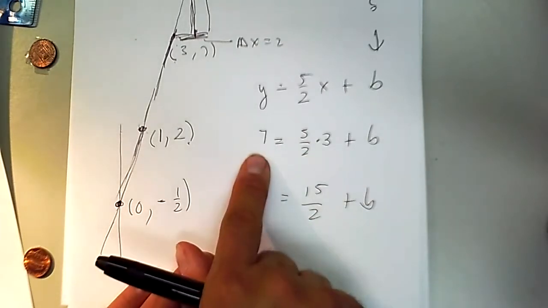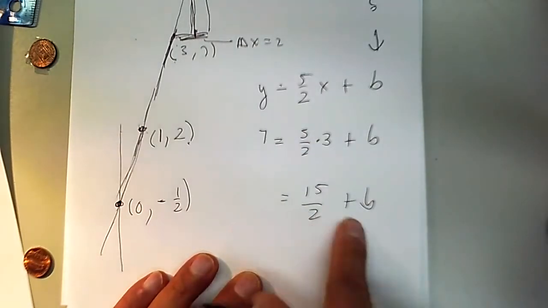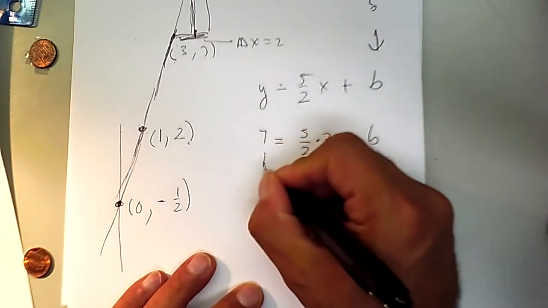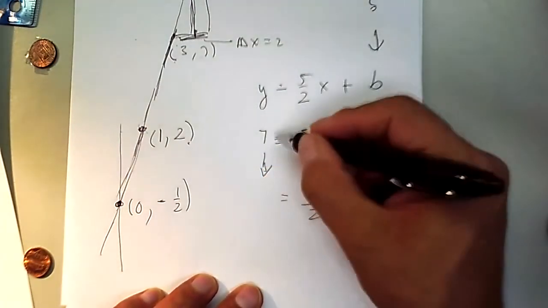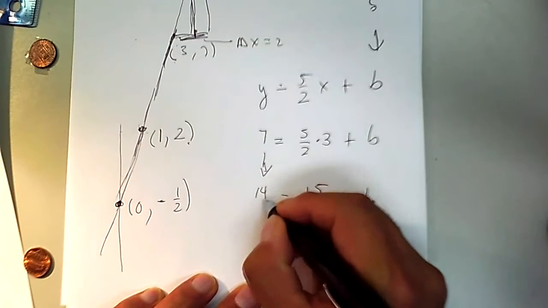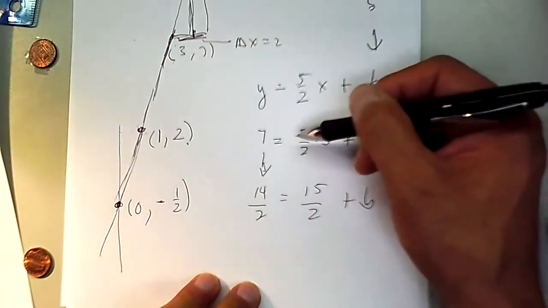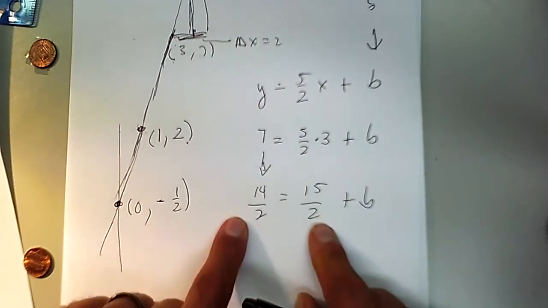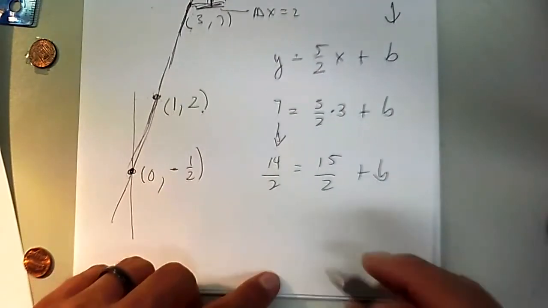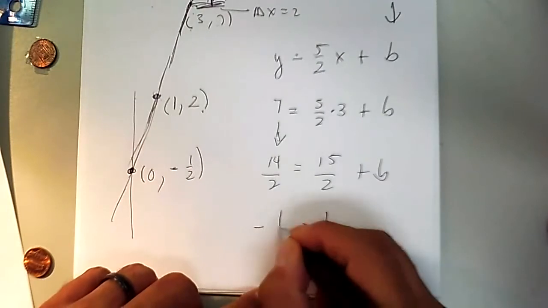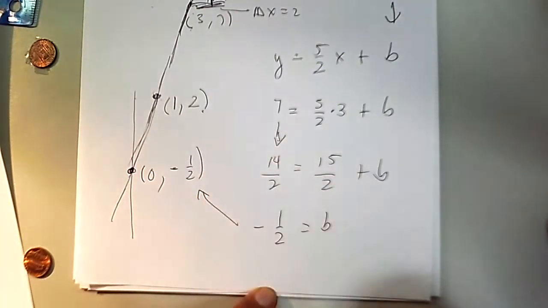Anticipating that we're going to subtract 15/2 from both sides of the equation, we convert 7 into halves. 7 is the same thing as 14/2 because we can multiply by 2 and divide by 2. And then we can subtract 14/2 minus 15/2. So b will be -1/2.